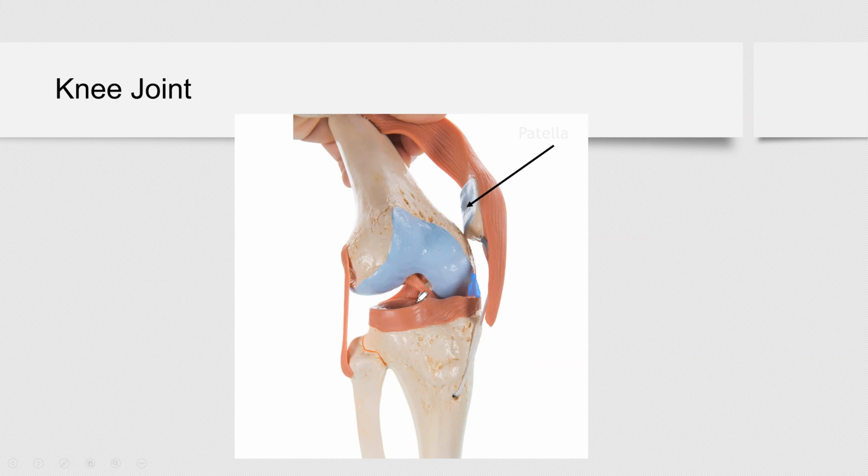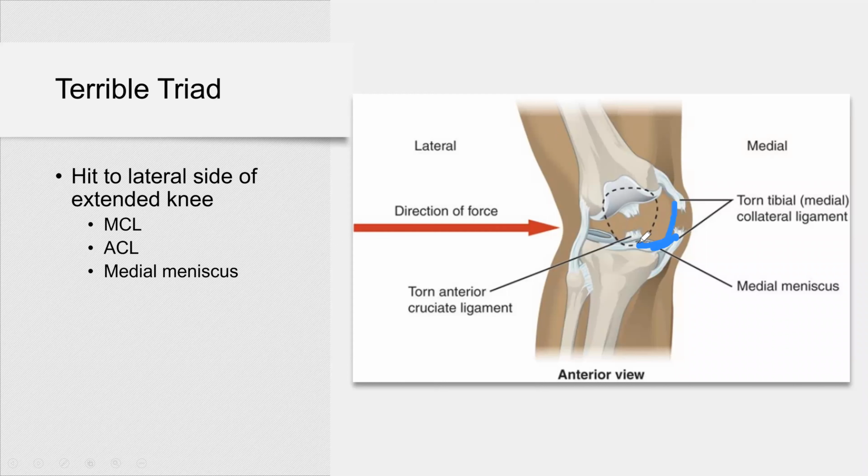So now, when I told you that the anterior cruciate ligament, medial meniscus, and medial collateral ligament have some connection between their fibers, that's why, let's say, when there is damage to the knee, it usually happens from a lateral side, right?